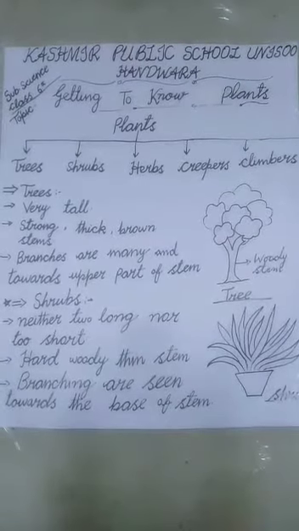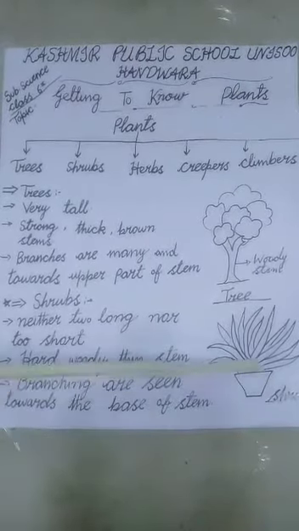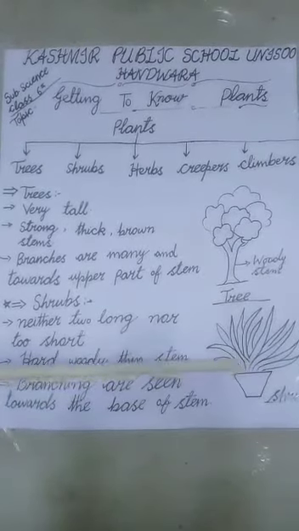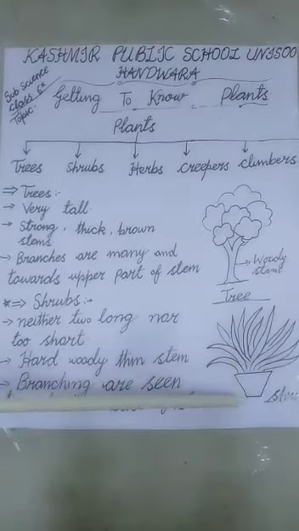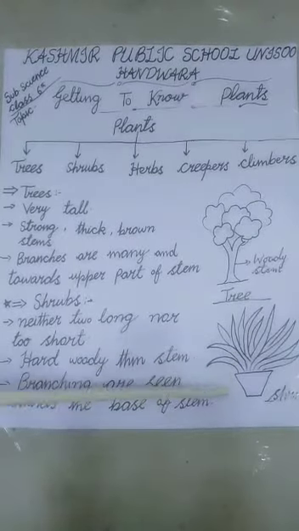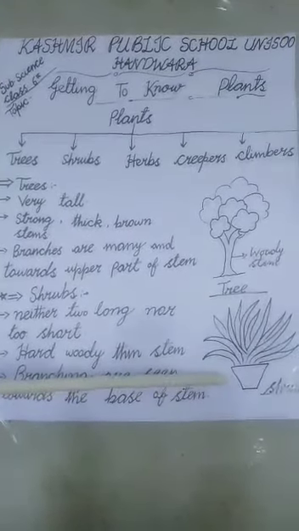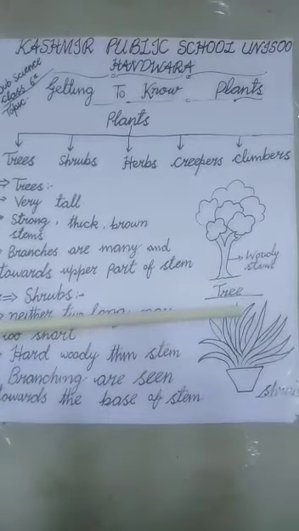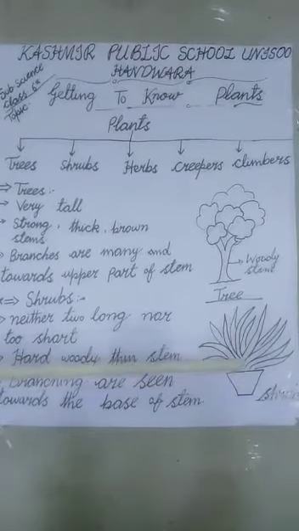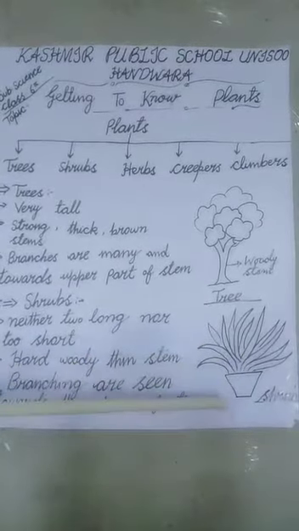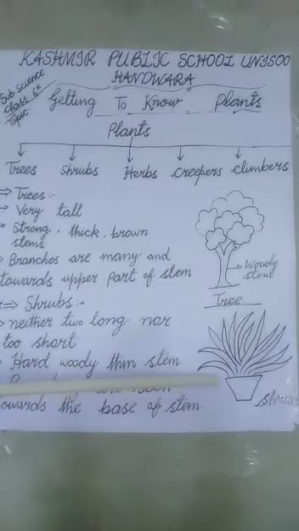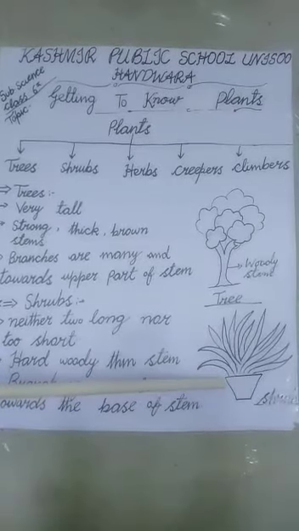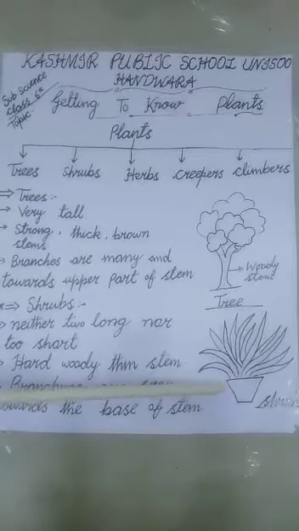You can see here stems are woody and strong. And one more important feature of the shrub is that the branches come from the base of the plant, right? If you observe the base of the plant, you will find so many stems arising at the base.